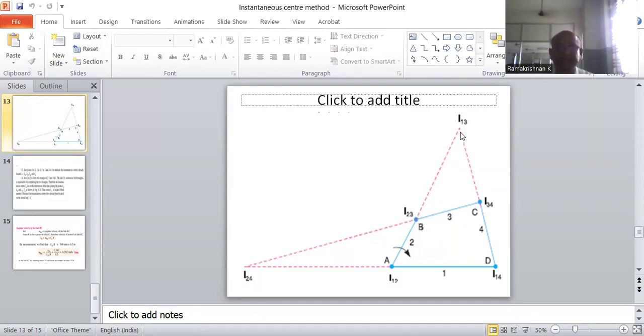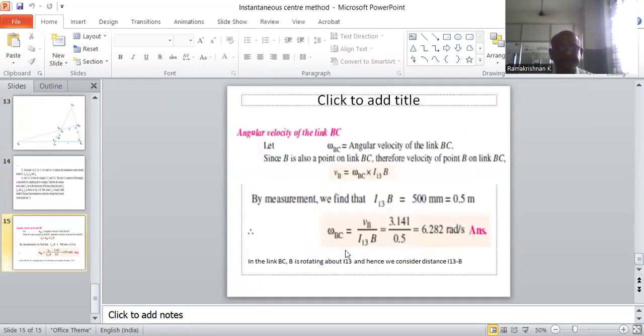So you have to consider the distance I13B. From the configuration, we can calculate the geometry: I13B is found to be 500 mm, that is 0.5 m. Now the velocity of B equals R into omega.